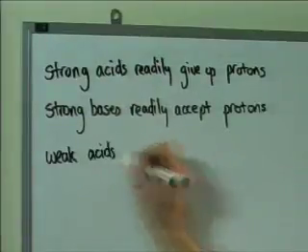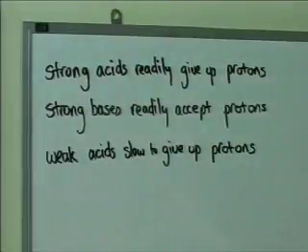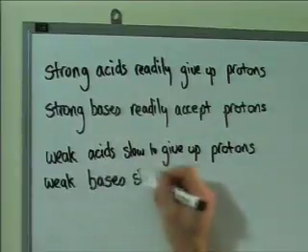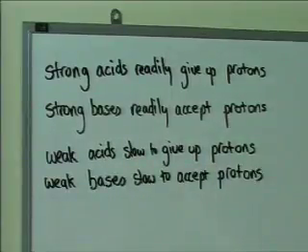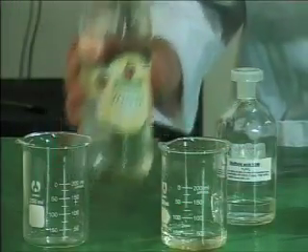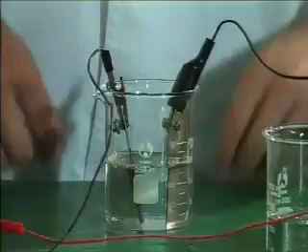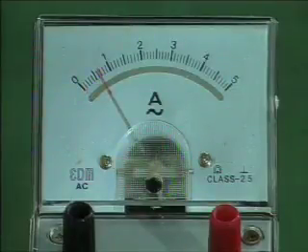Weak acids are not so quick to give up their protons, and weak bases don't tend to accept protons as readily as strong ones. Weak acids and bases don't ionize as much in solution as strong ones, so their conductivity is low.